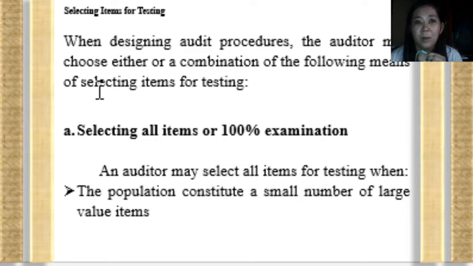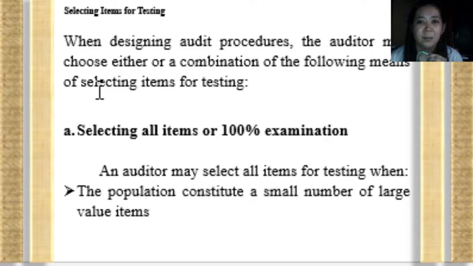As we go along, you will understand what sample or sampling is. Meaning, the auditor may not evaluate 100% or all of the transactions, account balances, and disclosures. So, he is allowed to evaluate and test only a portion or a percentage of that account, transaction or disclosure.